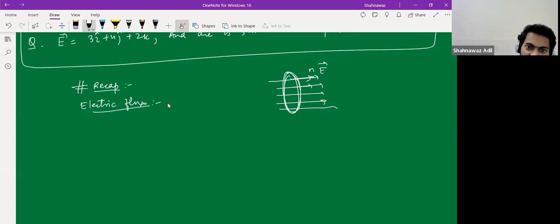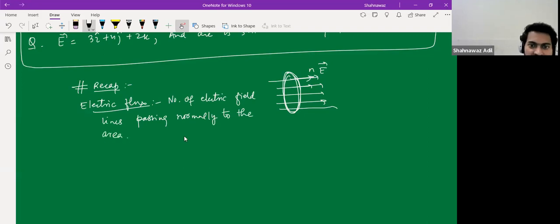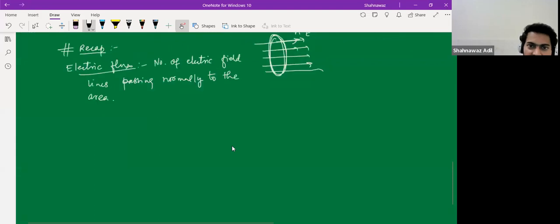So the electric flux is defined as the number of electric field lines passing normally to the area, right?